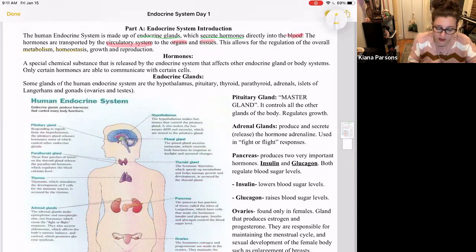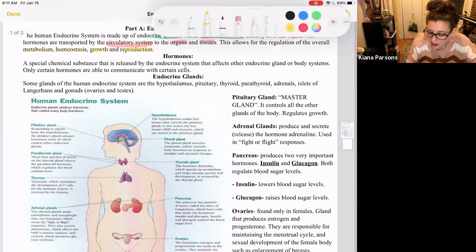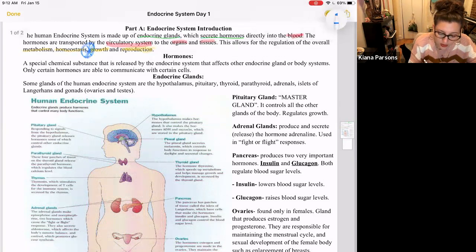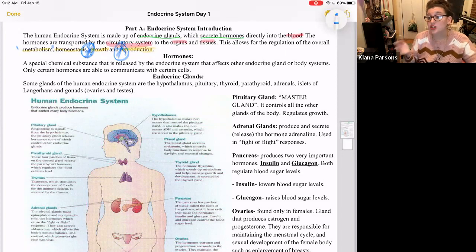All of these body systems are involved in homeostasis, but growth and reproduction, these are two functions that you have probably already associated in your minds with hormones, and for good reason, right? But our metabolism, other facets of our body's ability to maintain homeostasis, such as blood sugar, which we're going to talk about, are regulated by hormones.